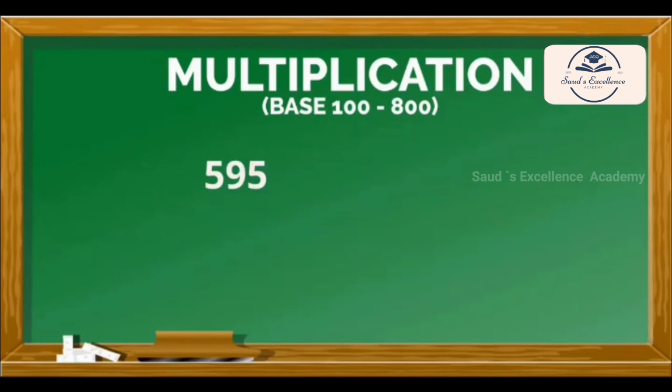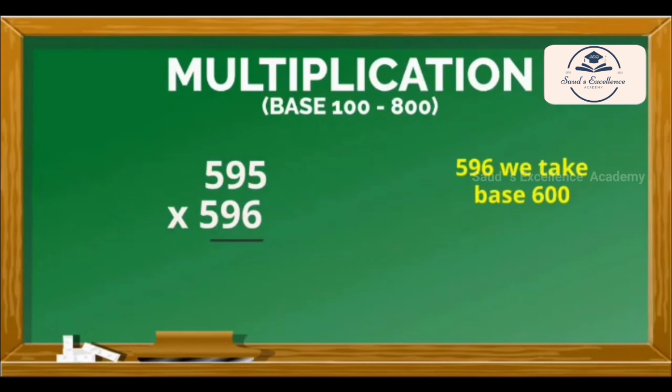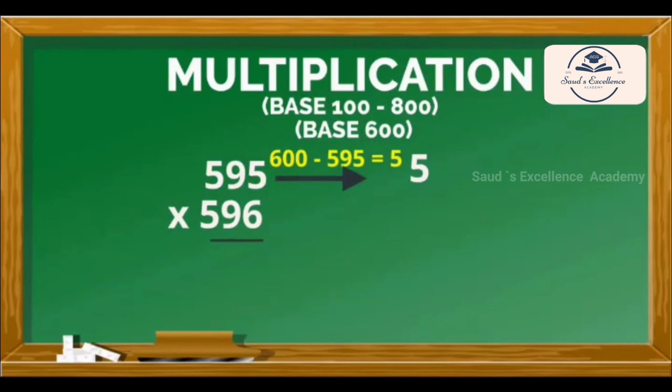We start with a new example with 595. Multiply with 596. For 596 we take base 600. First step, we subtract the first number 595 from the base 600, which equals 5.